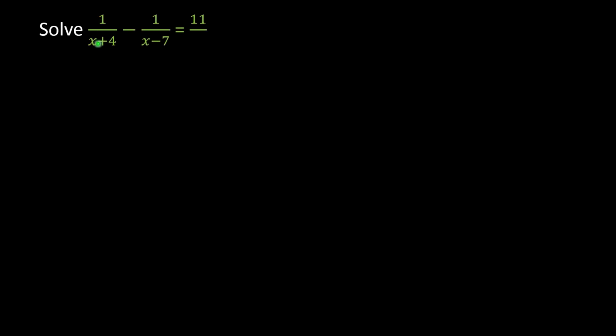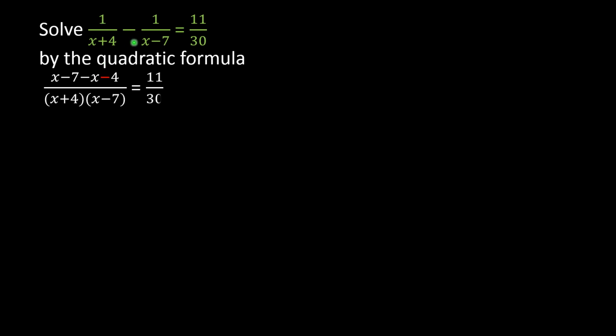Solve 1 divided by x plus 4 minus 1 divided by x minus 7 equals 11 divided by 30. First we will simplify this equation into our regular form, and after that we will solve it by the quadratic formula. So first we will cross multiply and make the denominator common.